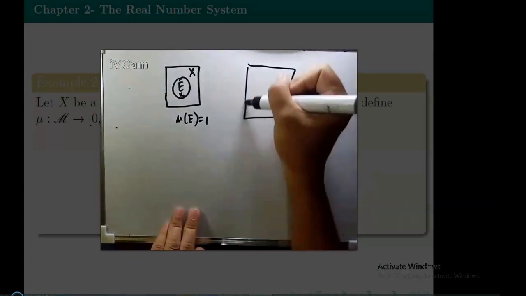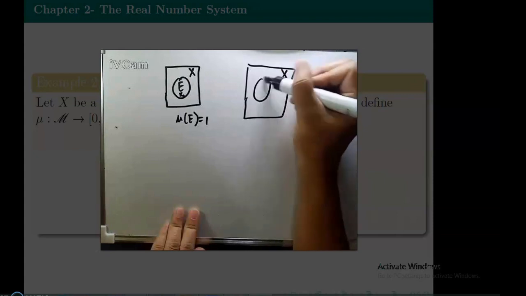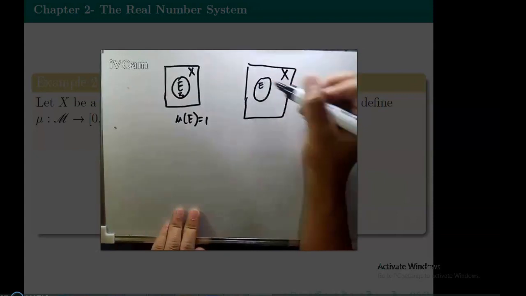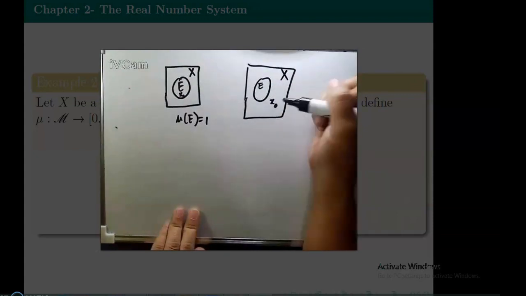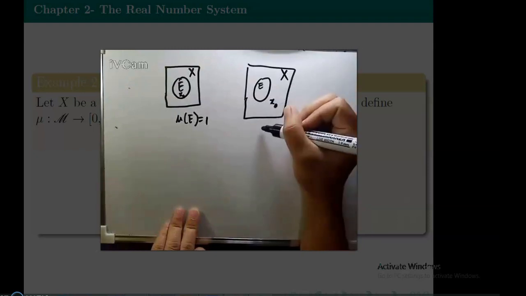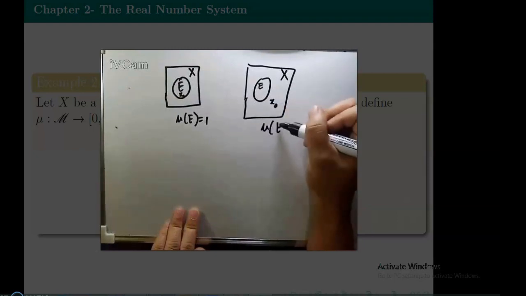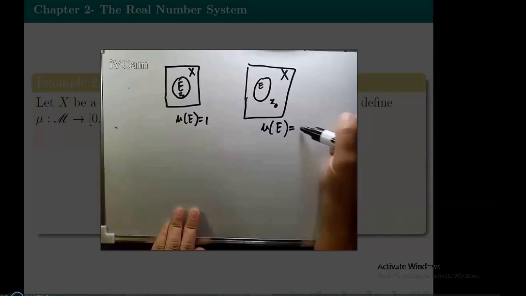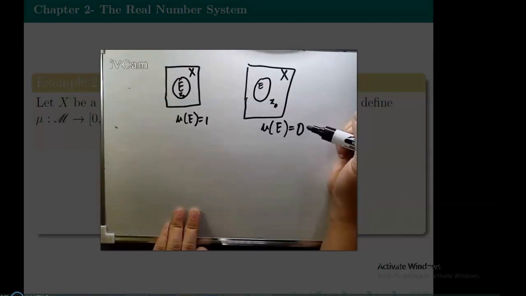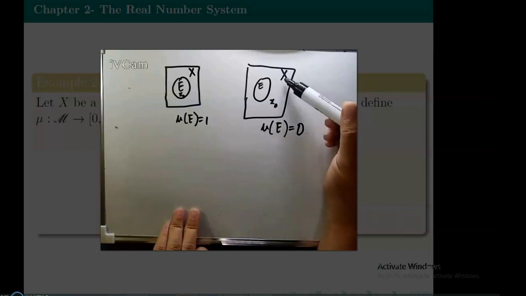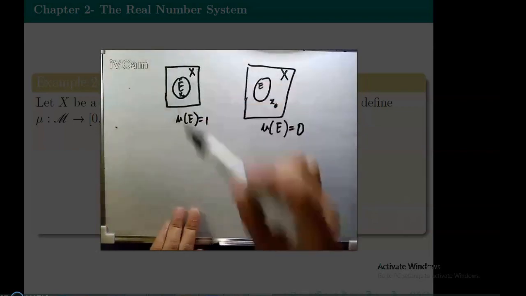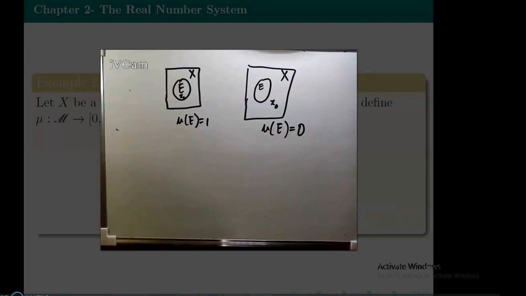But if x sub 0 is outside E, or not in E, it means that mu of E is 0. That's it. We fixed x sub 0 to be in X. Here, x sub 0 is still in X.